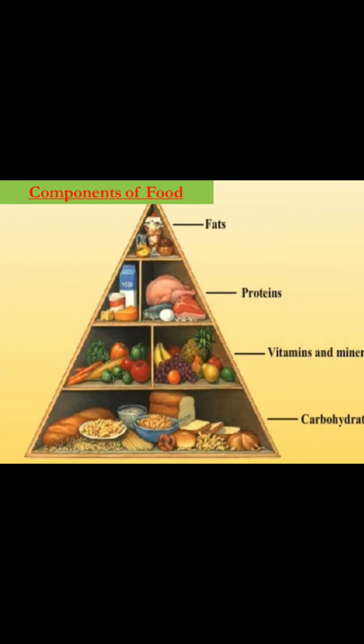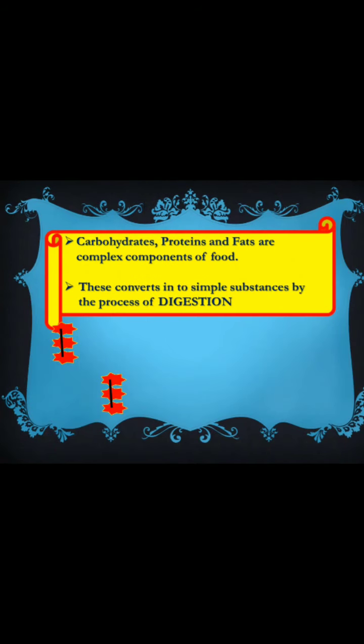You have already studied in your class 6th that food consists of many components. These are carbohydrates, proteins, fats, vitamins, and minerals. Out of these 5 components of food, carbohydrates, proteins, and fats are complex components of food. Our body cannot utilize them directly.